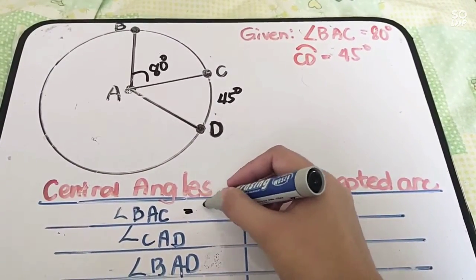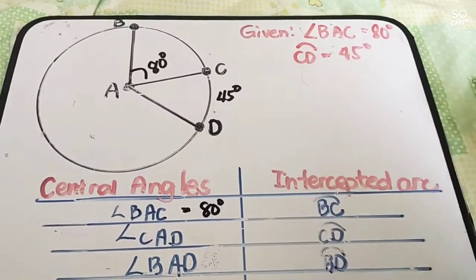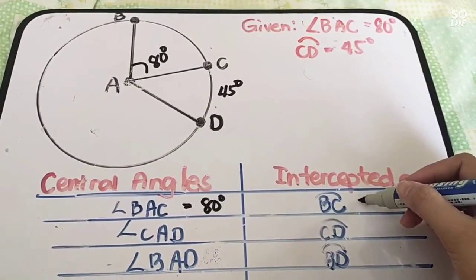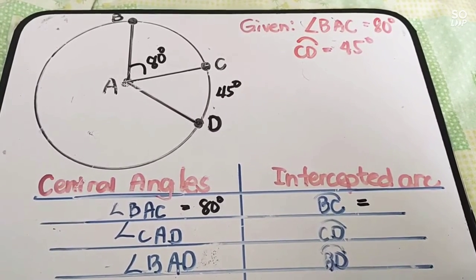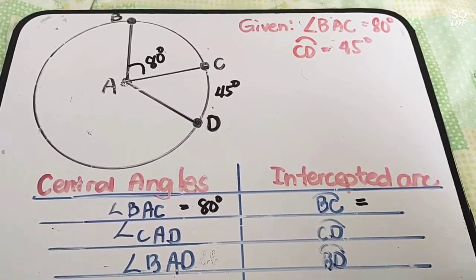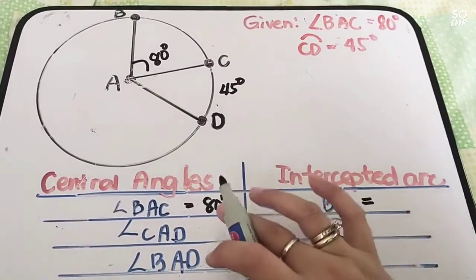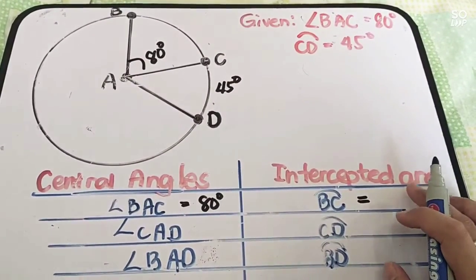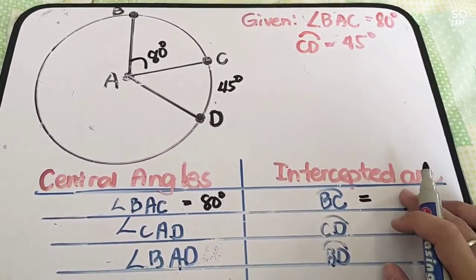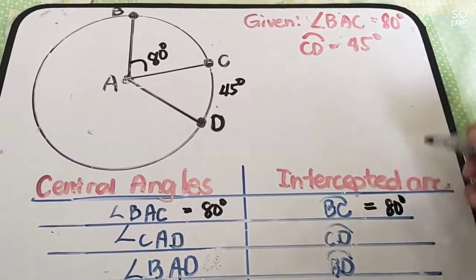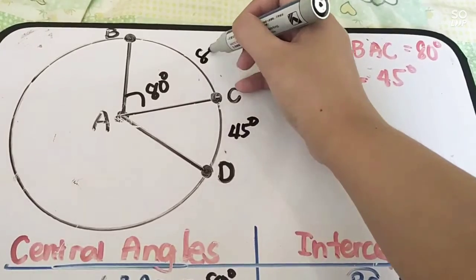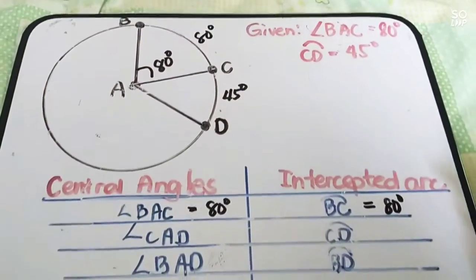BAC is 80 degrees. How about its intercepted arc? Again, in the central angle intercepted arc postulate, the central angle is equal to the measure of its intercepted arc. Therefore, arc BC is also 80 degrees.